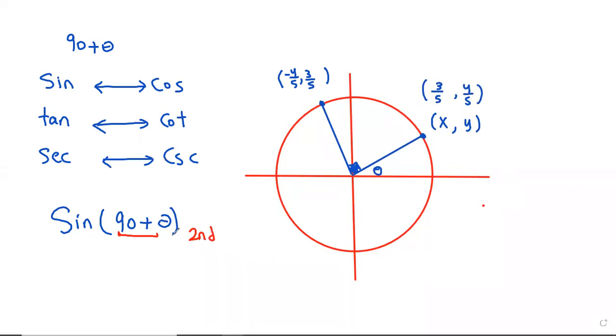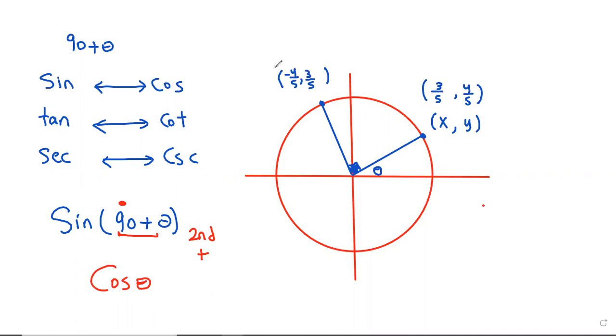And what is the sign of sine? It is positive. But don't forget that this 90 will change sine to cosine theta.